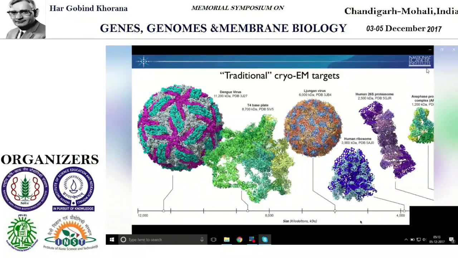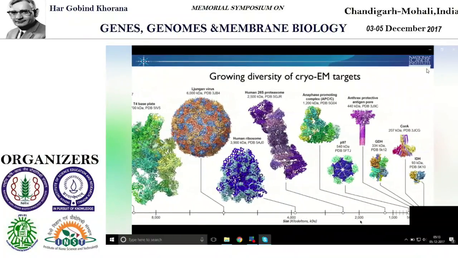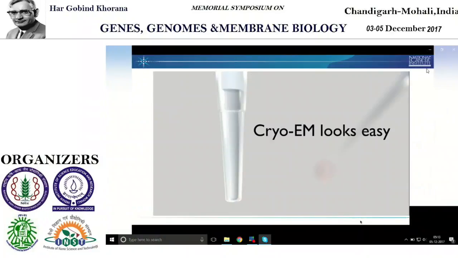But while 10 years ago we could investigate the structure of large entities, like icosahedral viruses, the large protein complexes, ribosomes or proteasomes, in more recent work, the fact that we can now extend this to look at much smaller and especially dynamic protein complexes makes it very exciting for a very broad range of problems of interest in cell biology. I will mainly speak about some of these, the work on these smaller complexes, which is where most of my own focus has been.